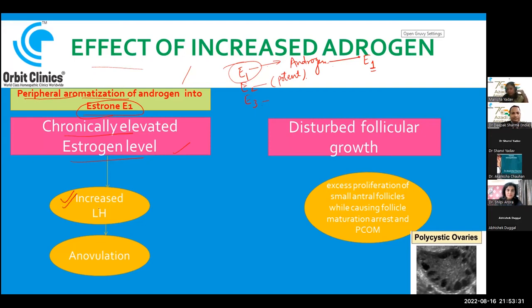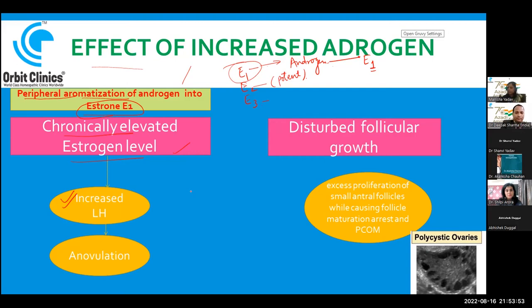What is going to happen? It increases LH because estrogen has positive feedback on LH. Whenever there is an increased amount of estrogen, it stimulates or increases the LH level. So whenever there is a chronic elevation of estrogen in the body, it will lead to excessive LH.